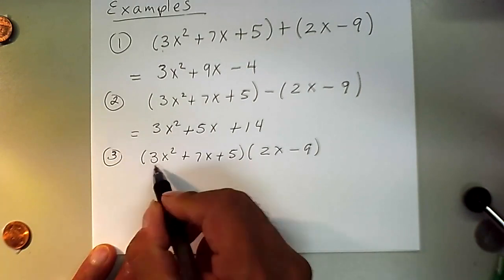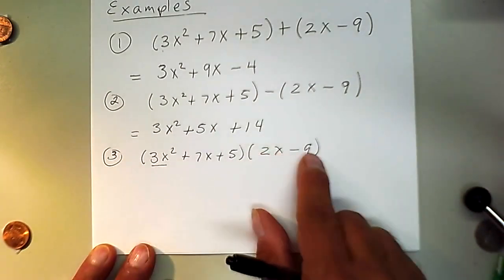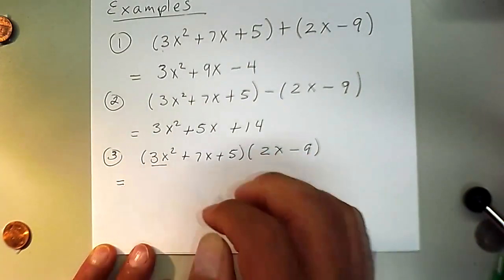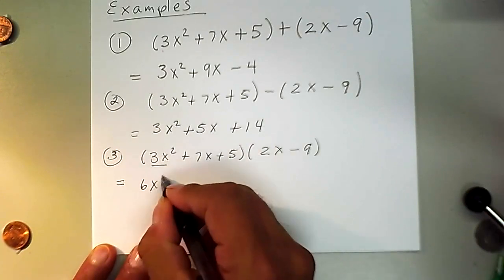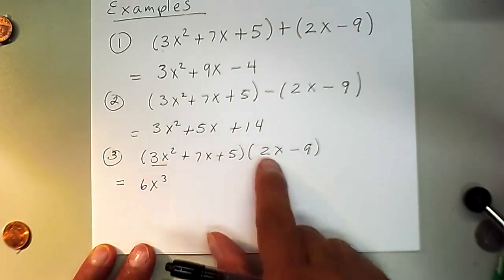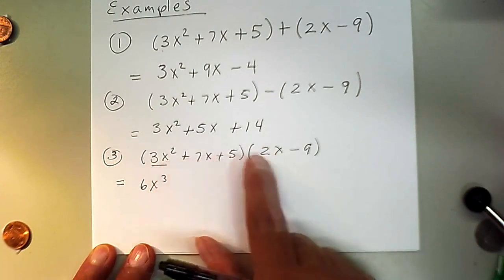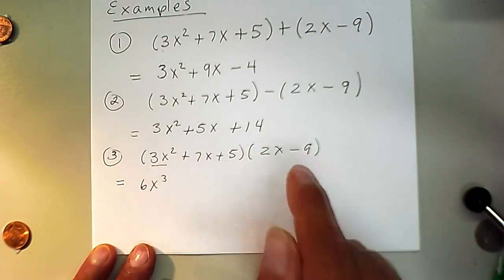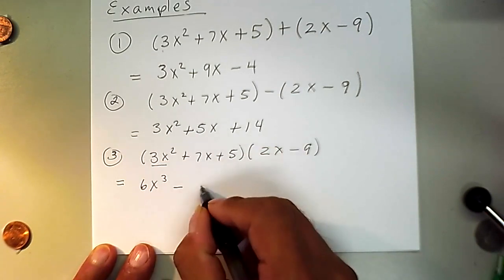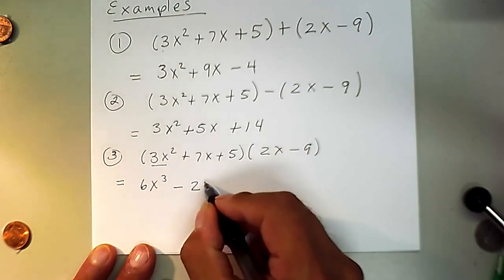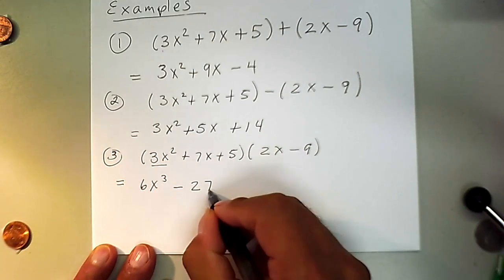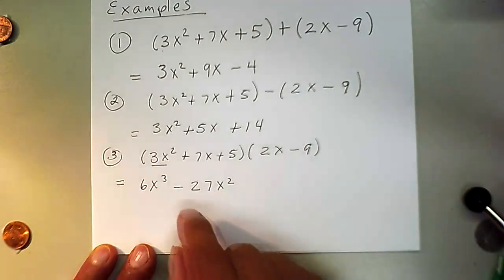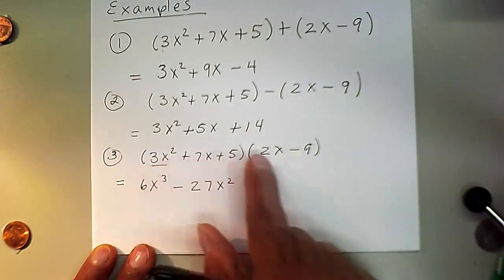So we multiply 3x squared with this and that is going to give us 6x cubed. 3x squared times 2x is 6x cubed. And then 3x squared times negative 9, that is negative 27x squared. All right, so we're finished multiplying this with those two terms.